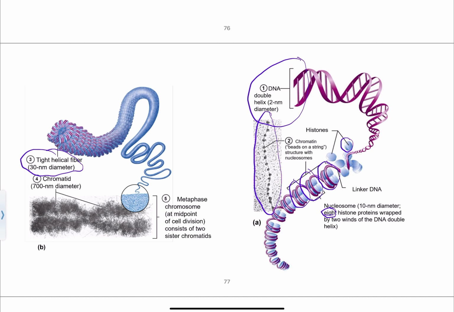Then we're going to compact it down a little bit further where we get chromatid. And then we're going to take our chromatid and wrap it around a scaffolding and form what looks like the chromosome right here that's shaped like an X that we're used to visualizing or seeing illustrated when we talk about chromosomes.